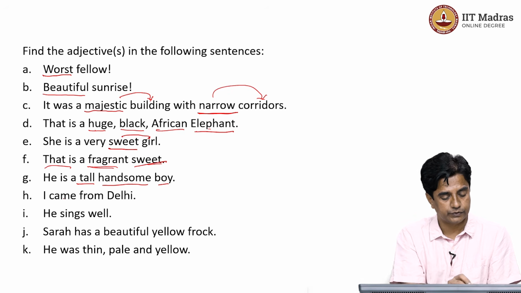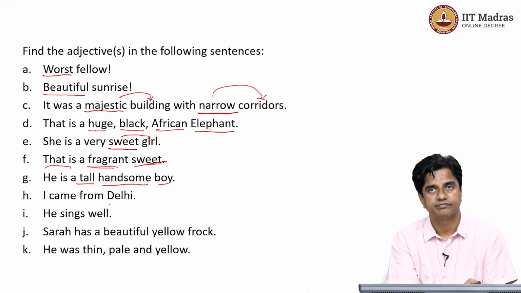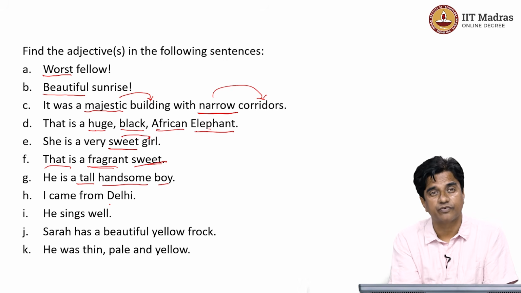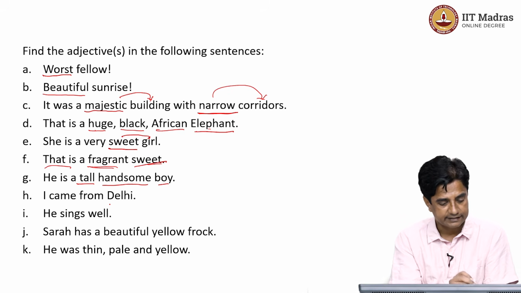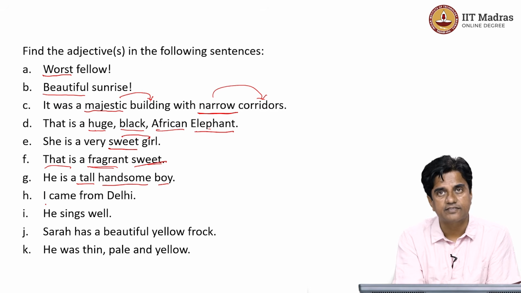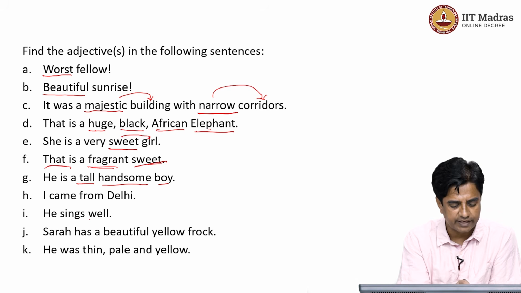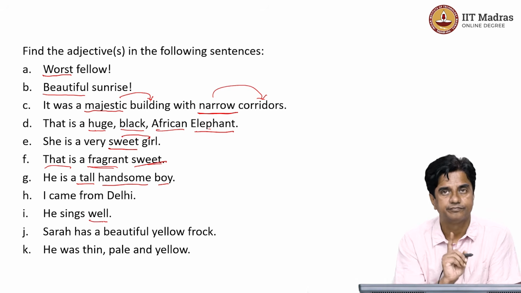So, what is an adjective here? This is a sentence for you to see that there is no adjective in this sentence. She sings well. What is an adjective here? You would be tempted to say well is the adjective.